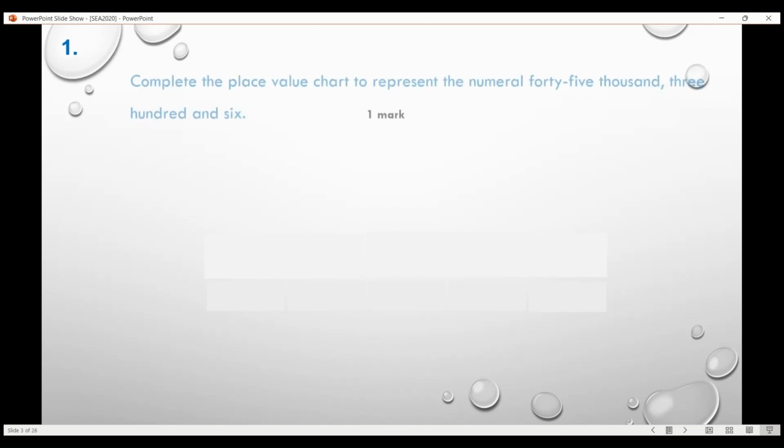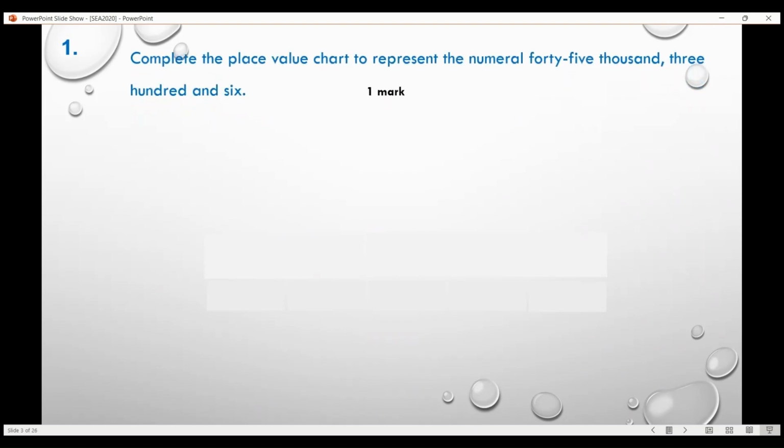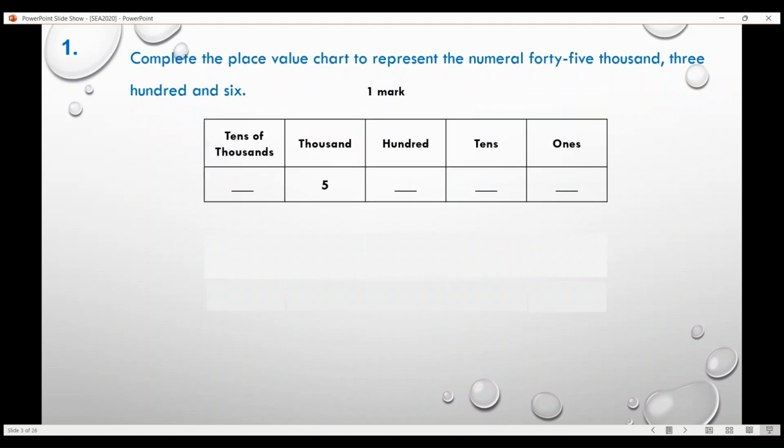Number 1, complete the place value chart to represent the numeral 45,306. If we look at this question, we can see that the value of thousands was already given. There are a couple of ways to do this.